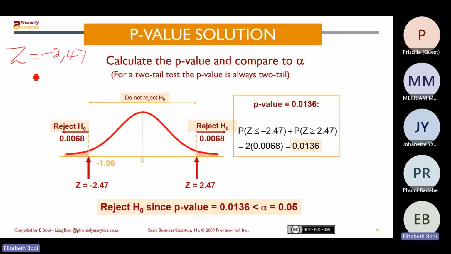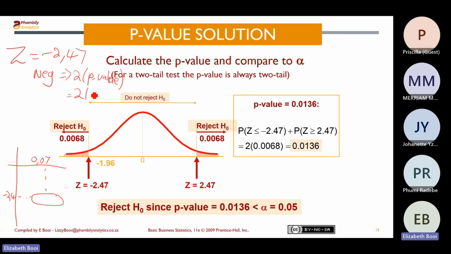If your Z value is negative, then we're going to say 2 times the value you find on the table, right? So we go to the Z table, we look for negative 2.4, and we look for 0.07 at the top. That value that we find here, we're going to add it twice, or multiply it by two. So that value is 0.0068.